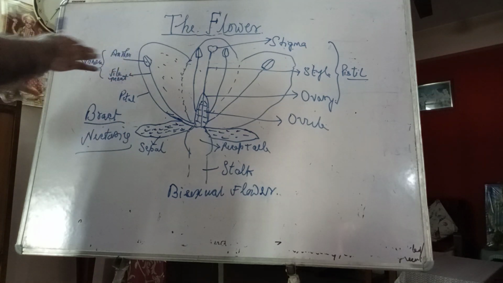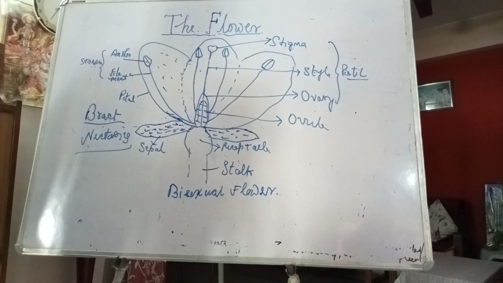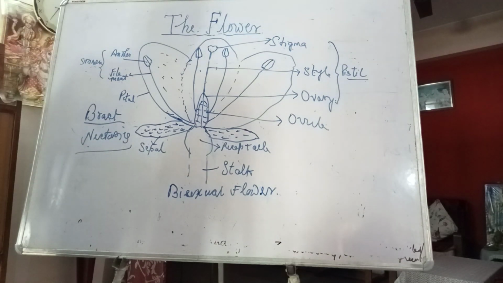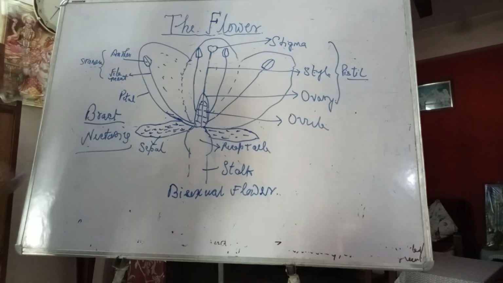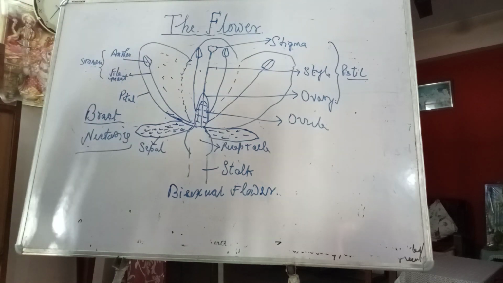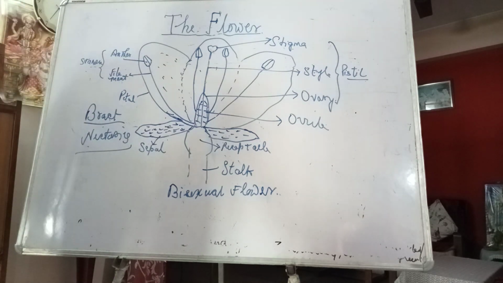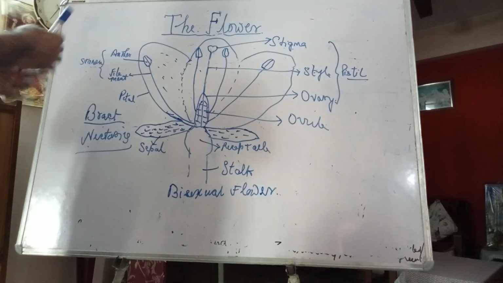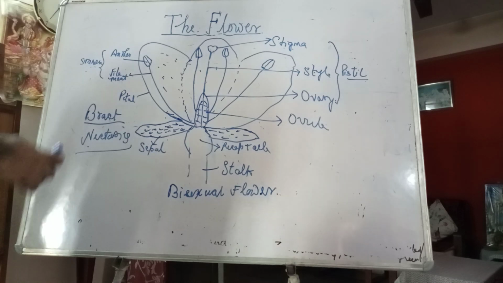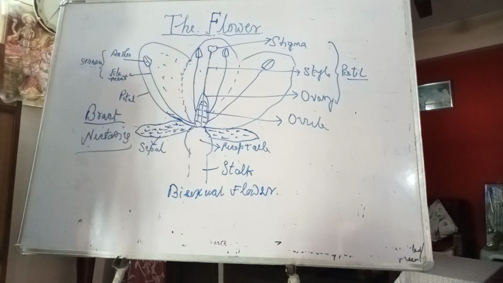And these are the floral structures. The other important parts that you have to revise and remember: if all the parts are there in the flower, it is a complete flower.